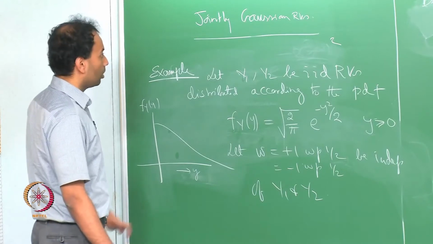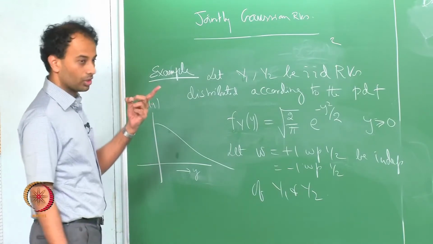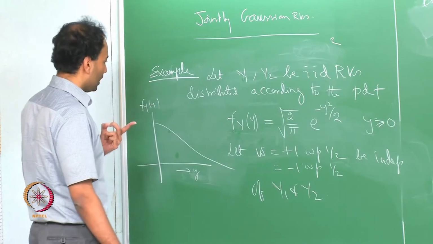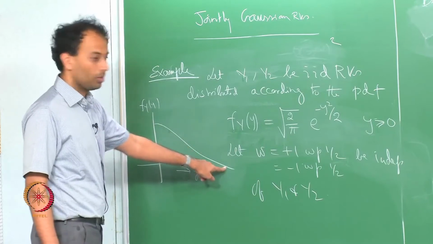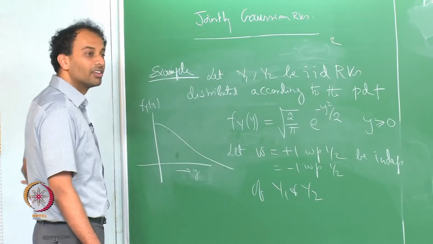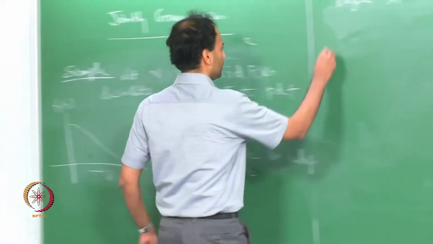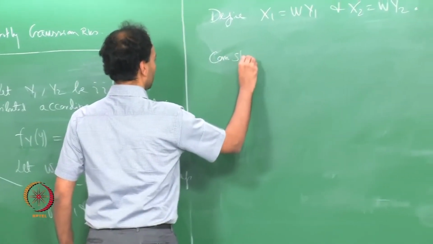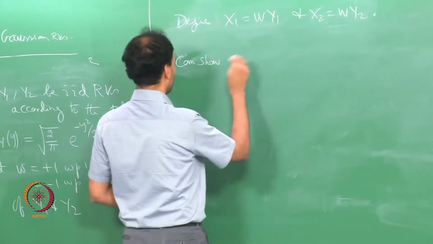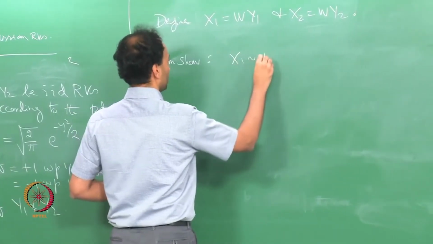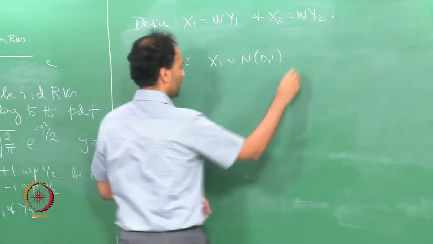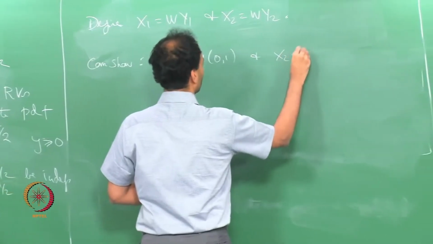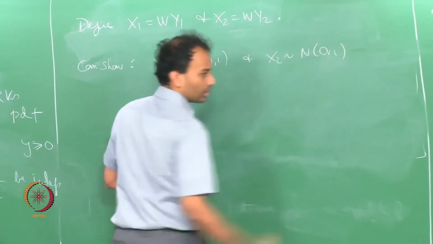So, you can show that the density of x1 is, with probability half it will have a density like that, with probability half it will have a density like that, right. I think this is right, I am not making any mistakes, tell me if I do: x1 is N(0,1), okay, and similarly x2 is also N(0,1), same argument, okay.